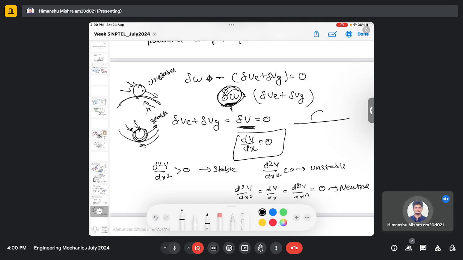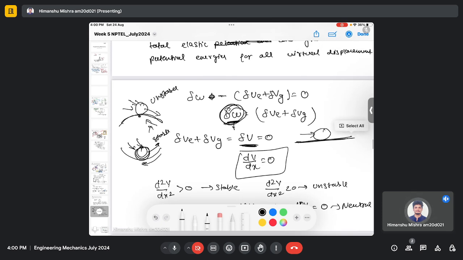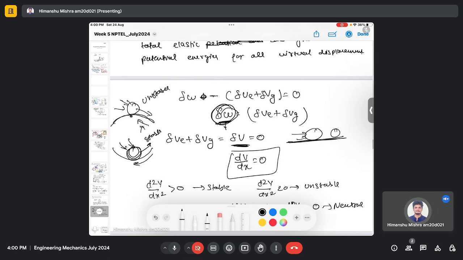And for a neutral condition, you have a ball on a flat surface, and if you provide a perturbation it will move, but once you remove the perturbation the ball becomes stable again. So this is a neutral condition.